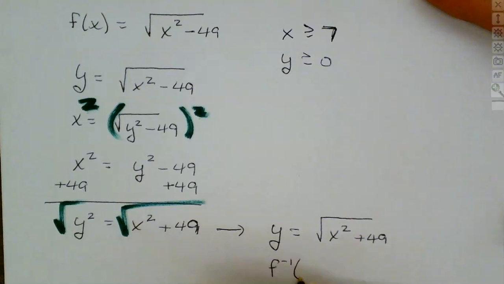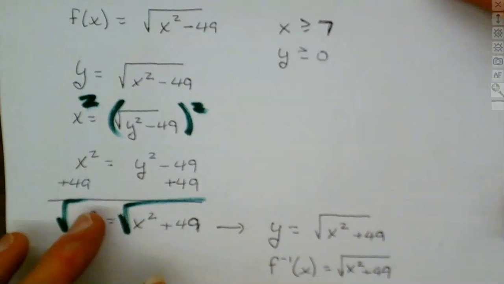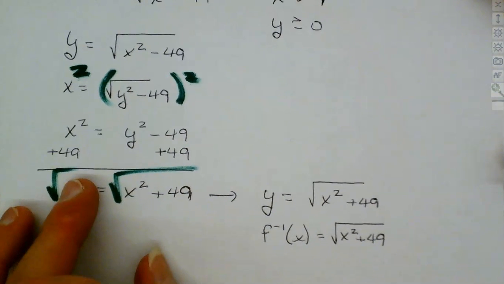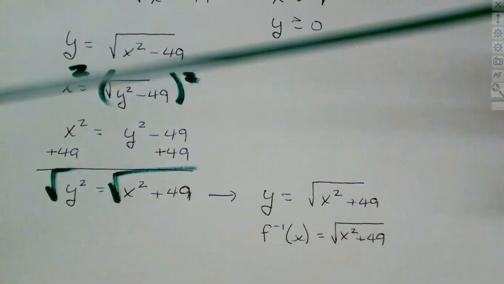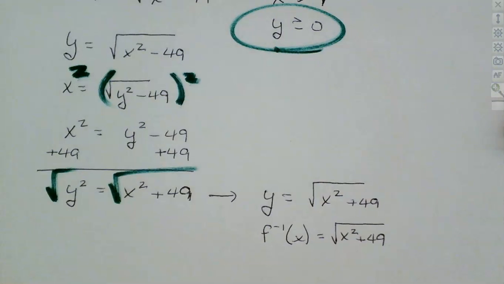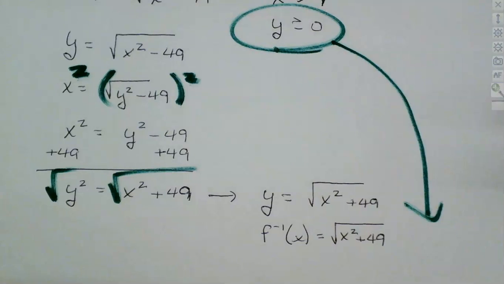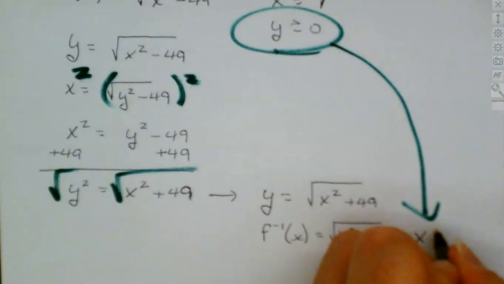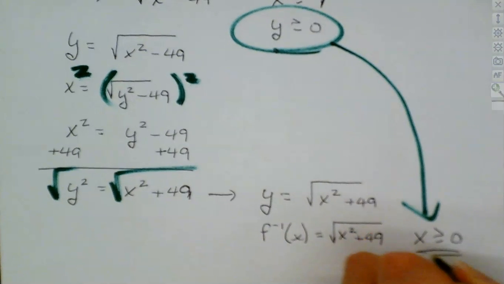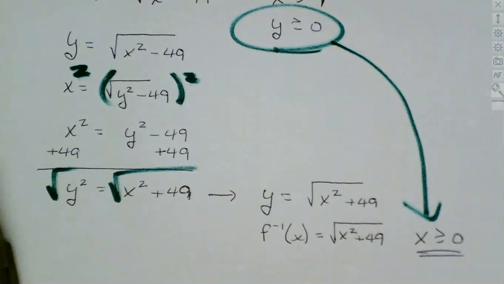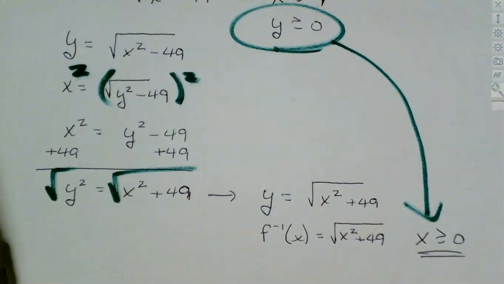So f inverse of x is the square root of x squared plus 49. And one more piece. What do we have to worry about? Yep. That is my range, and my range comes down as my domain. So that is now x going to be greater than or equal to 0. Is everyone all right with that so far?